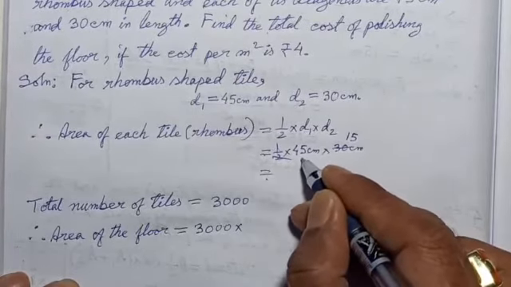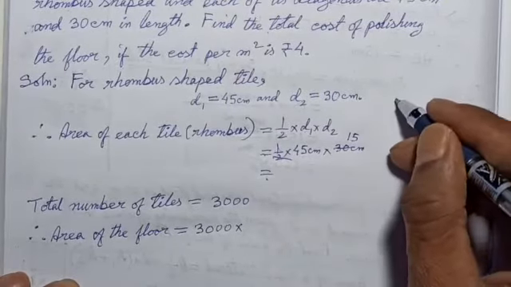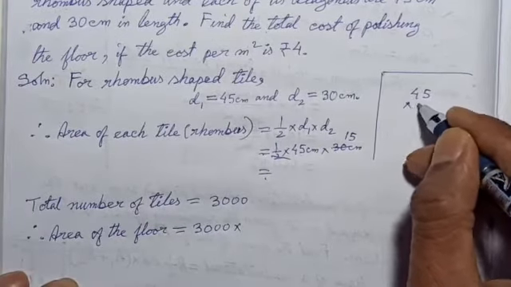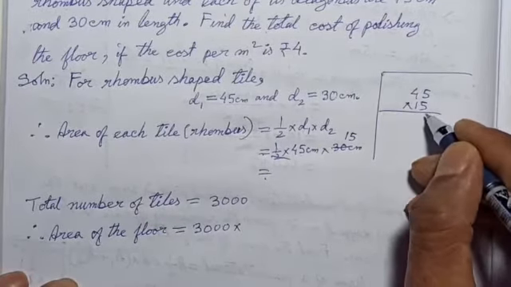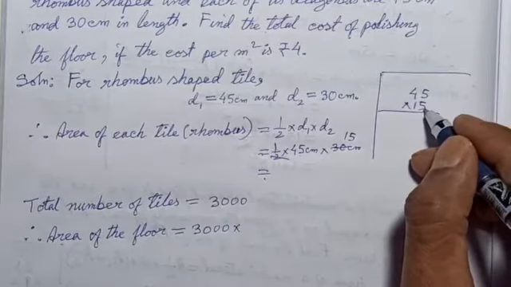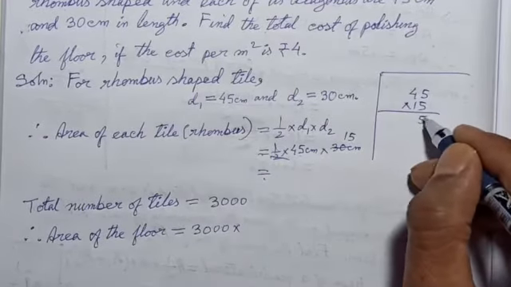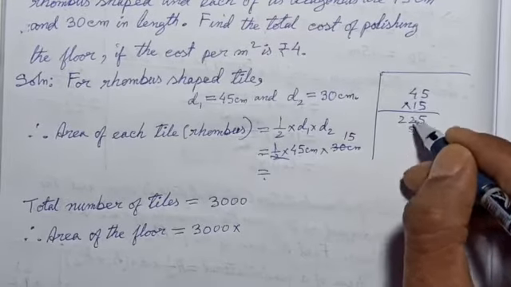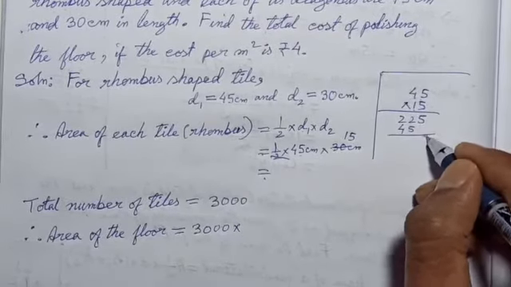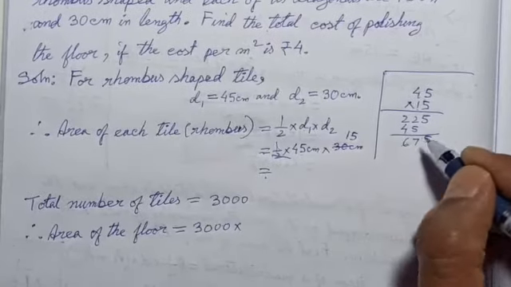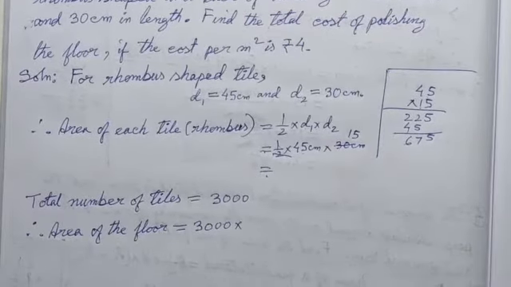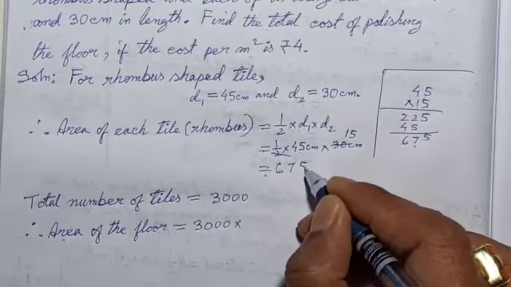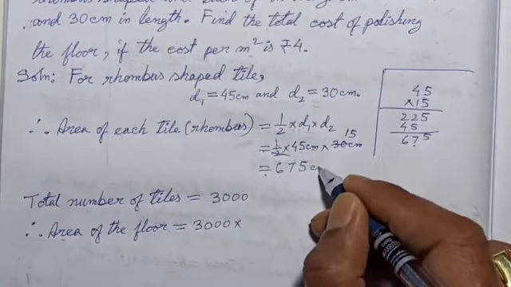Now let's multiply 45 into 15. 5 fives are 25. 5 fours are 20, 21, 22. 1 times 5 is 5. 1 times 4 is 4. 5, 7, 6. We are getting 675. So 675 centimeter times centimeter is centimeter square.